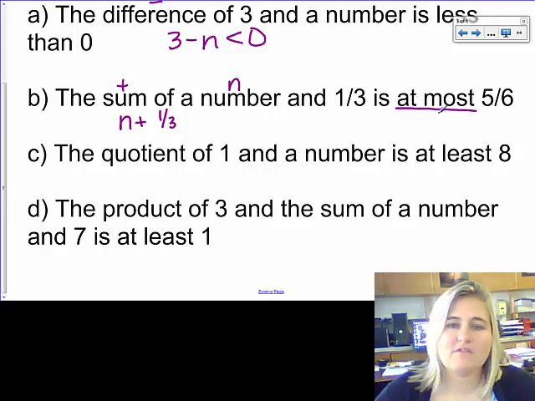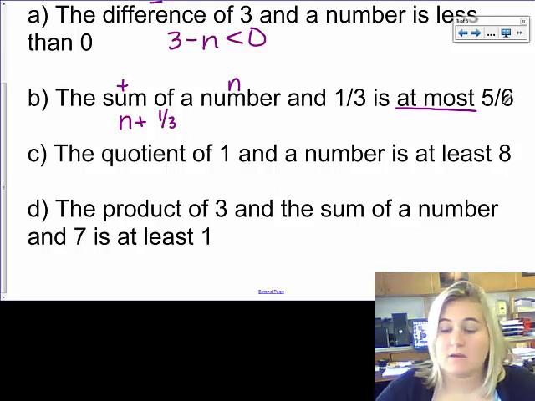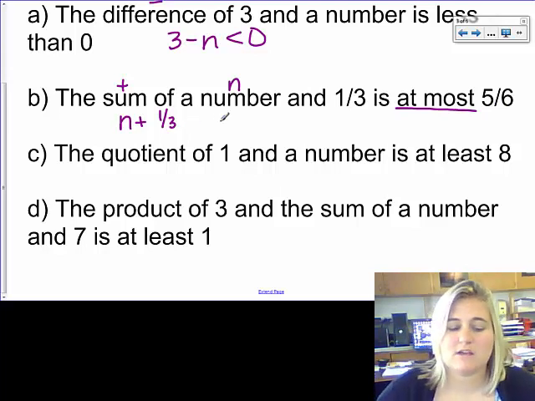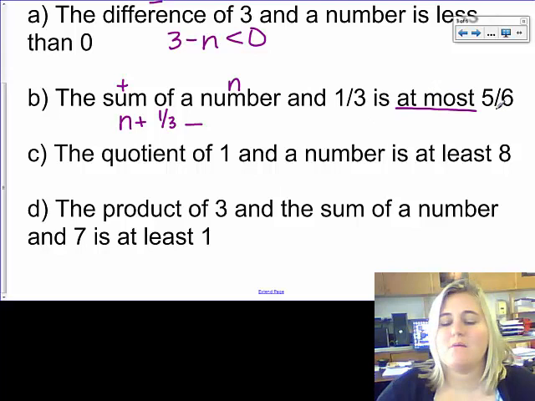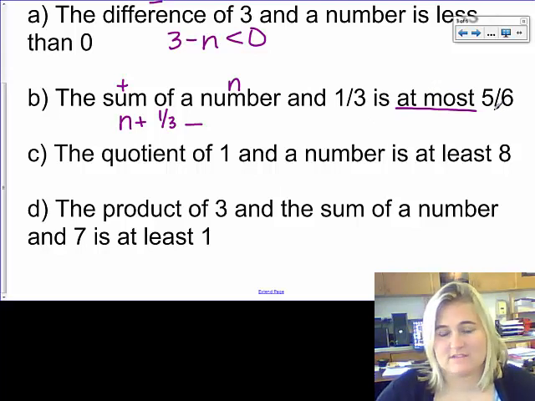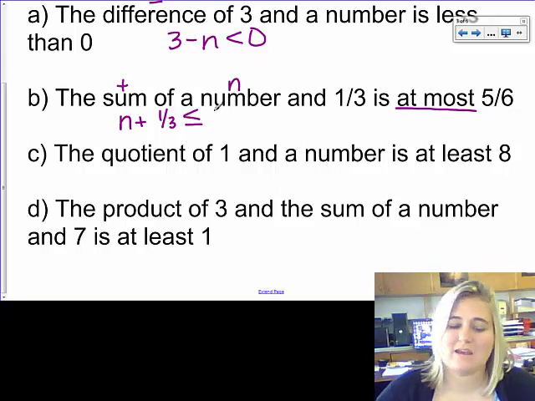At most, what does that mean? Can it be equal to 5/6? Yes, that's the most it can be. So I'm going to put an equal to. Can it be more than 5/6? No, 5/6 is the highest that it can be. So it must be less than or equal to 5/6. And that's your final answer.